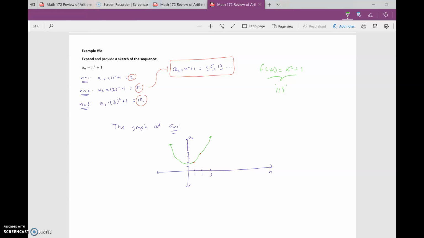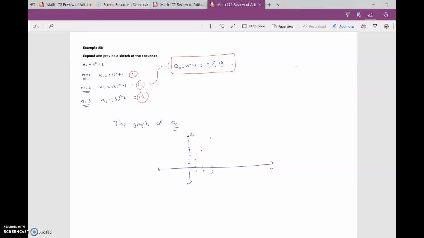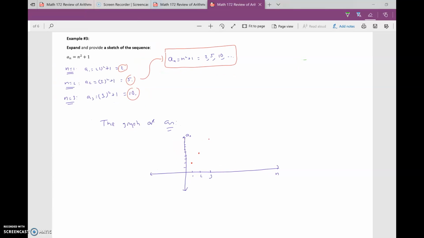But since these are sequences, you're only using the integers as your x: 1, 2, and 3, and so on to infinity. So this portion doesn't apply, but that is only if it had been a function, meaning that the domain is all real numbers. So you would only be plugging in a couple of coordinate points.